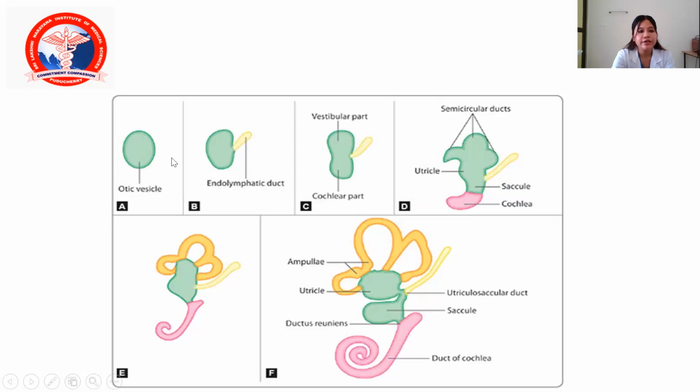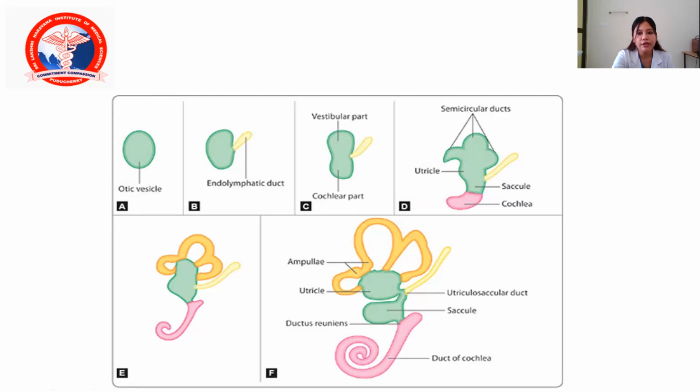Now this otic vesicle. Till now we have learned the formation of the otic vesicle. The other name of otic vesicle is otocyst. Now in this image you can see this is the otic vesicle, and from the otic vesicle a diverticulum has developed which is called the endolymphatic duct.